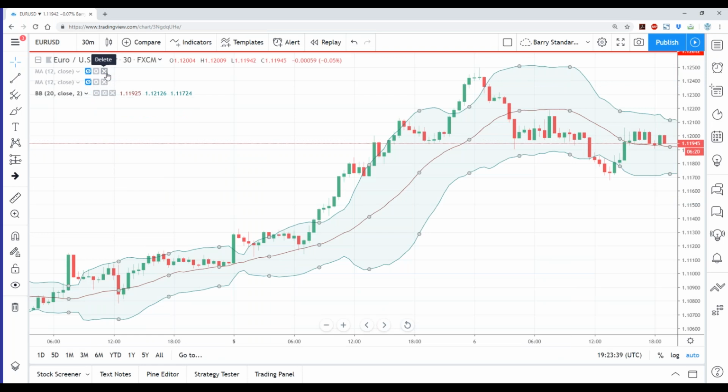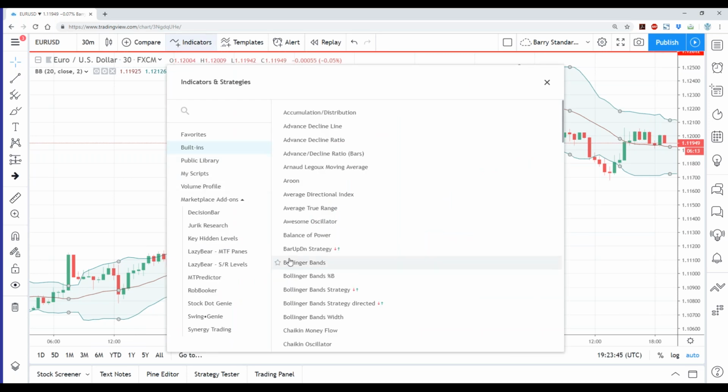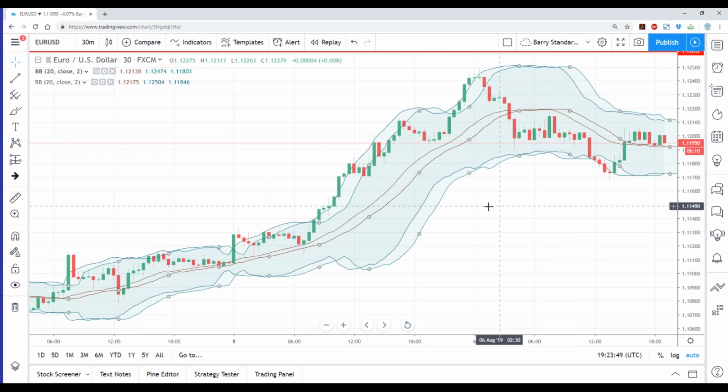Okay. Now let's try that again. Indicators, Bollinger Bands. So as you can see, I've overlaid one set of bands on the other.